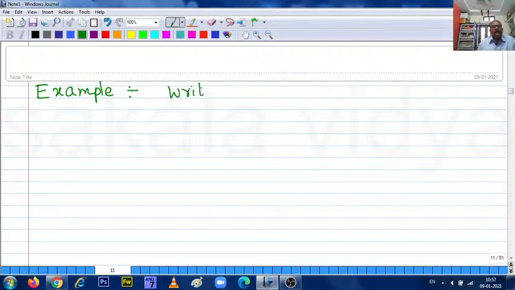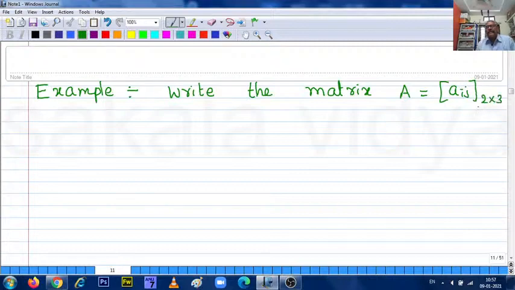Write the matrix A equals Aij, 2 by 3. 2 by 3 means 2 rows and 3 columns, where Aij equals i plus j. This definition is given. Now you need to construct the matrix. How do you construct it? Let me explain.